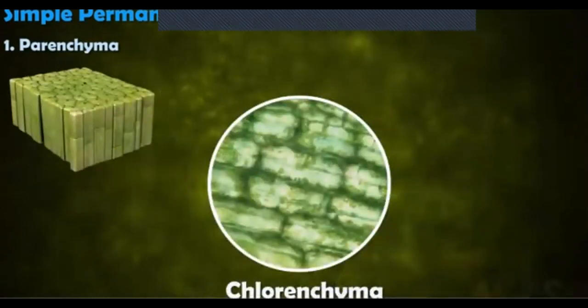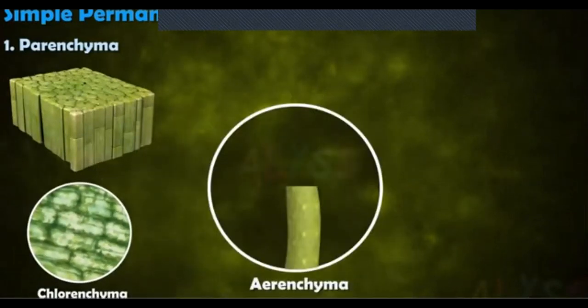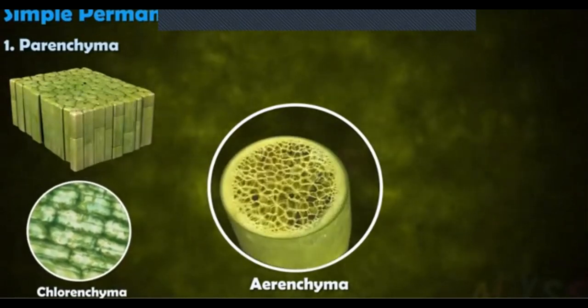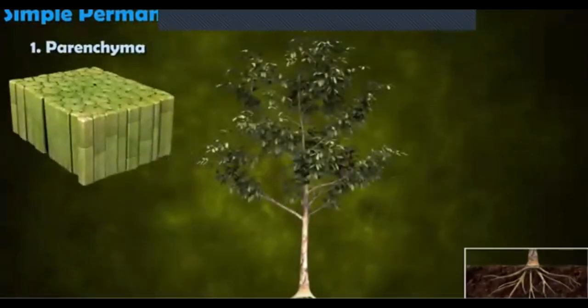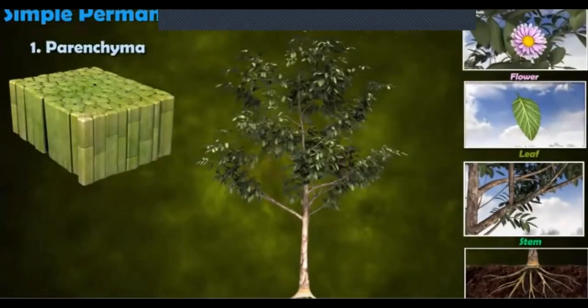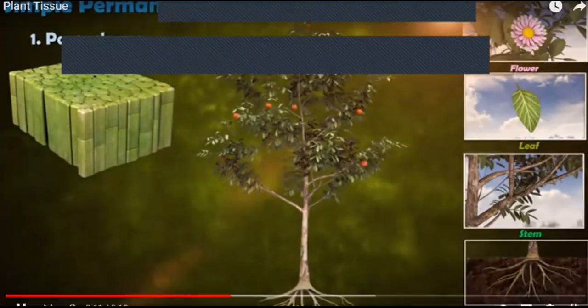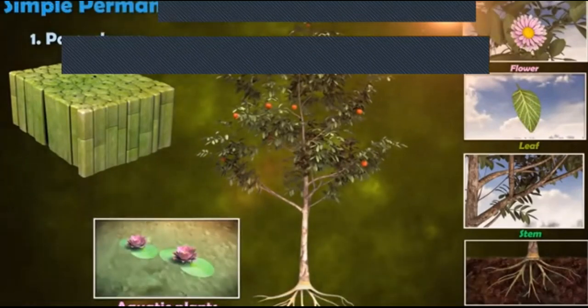The ones with chlorophyll are called Chlorenchyma and help in photosynthesis. Some have air spaces and are present in aquatic plants for buoyancy. They are called Aerenchyma. Parenchyma are found all over the plant body and help in storage, photosynthesis in some, and giving buoyancy in some, for example aquatic plants.